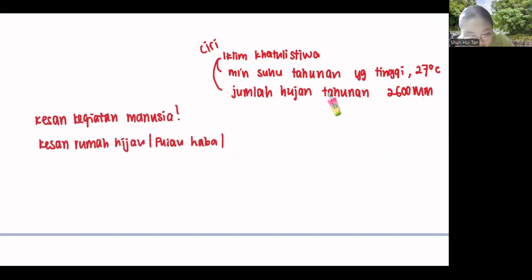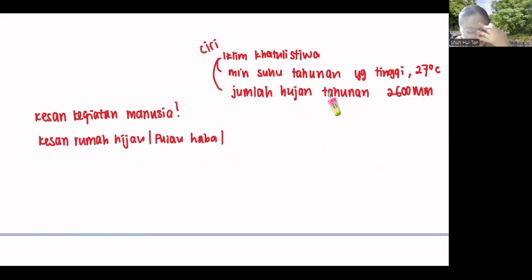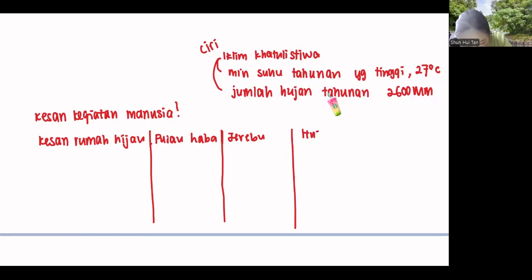I just summarize with you because sometimes they twist and turn and then you get stuck, or fall in the trap where you don't know how to answer, or get into the wrong direction. You learn 4 things: kesan rumah hijau, Pulau Haba, Jerebu, hujan acid.